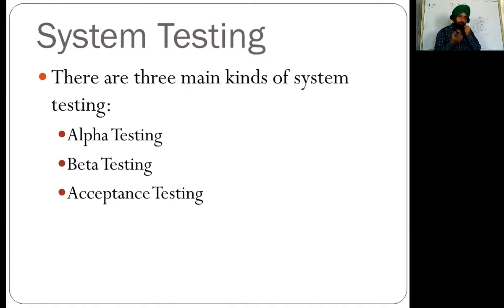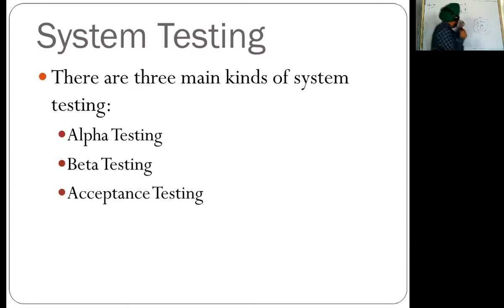Just see at which level and by whom it is tested: who does the alpha testing, who does the beta testing, and who does the acceptance testing. It is important that whenever you are discussing system testing, you keep in mind the answer is who. You will explain these three types of testing on the basis of who does this type of testing.